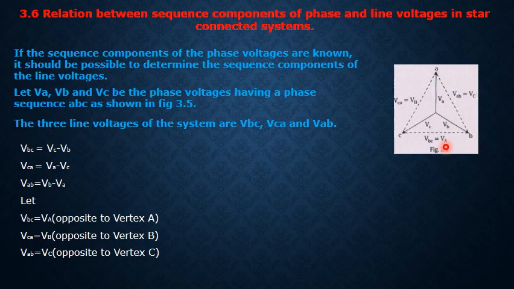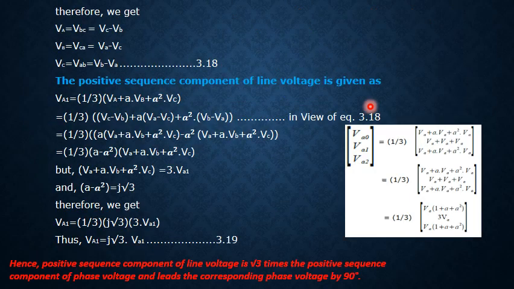So take that into consideration. VBC is equal to VA, we represented VCA as VB and VAB as VC, which is represented in this phasor diagram respectively.